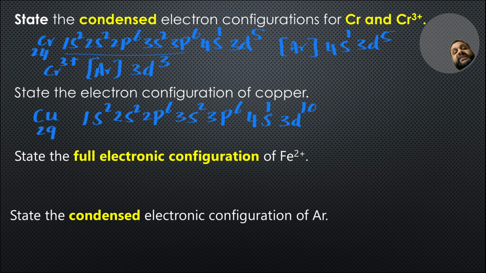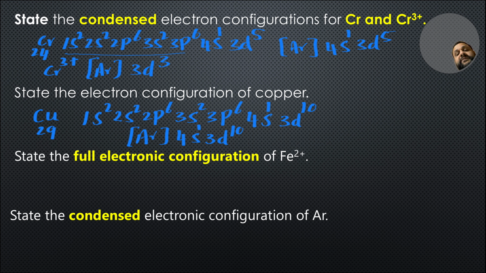And if we want to write down the condensed one, again we need to go back to the previous noble gas configuration, which is argon. Argon has 18, and then we can write down 4s1 and 3d10. Right, so copper and chromium are exceptions.